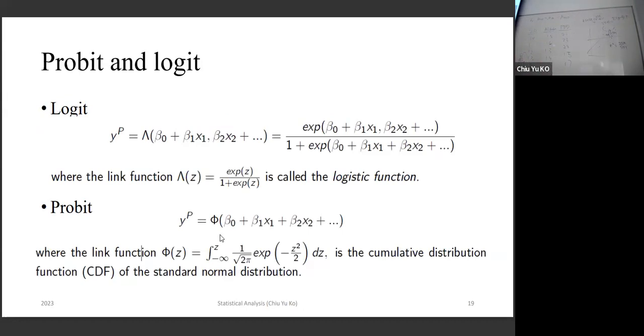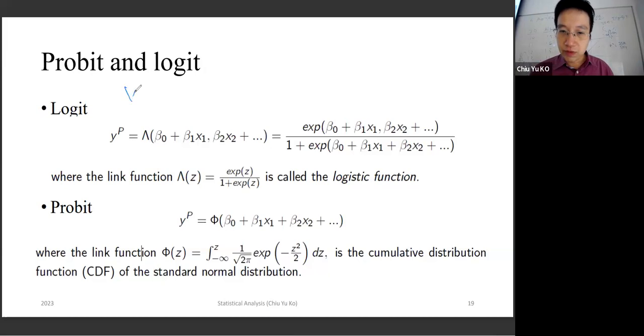So what does that mean here? Look at the equation. Remember for linear regression, what we have is beta 0 plus beta 1 x1, and so on and so forth.